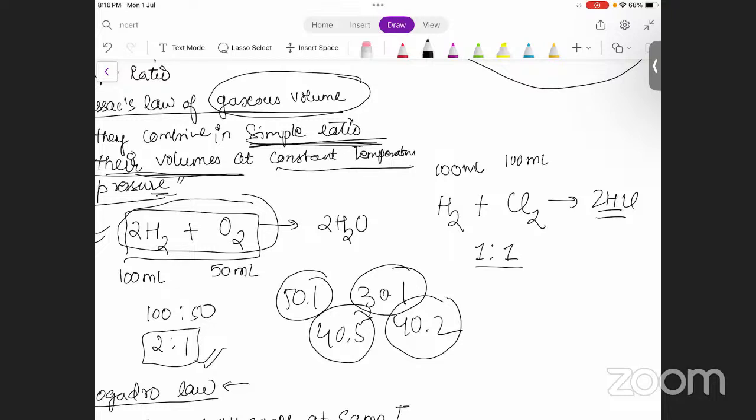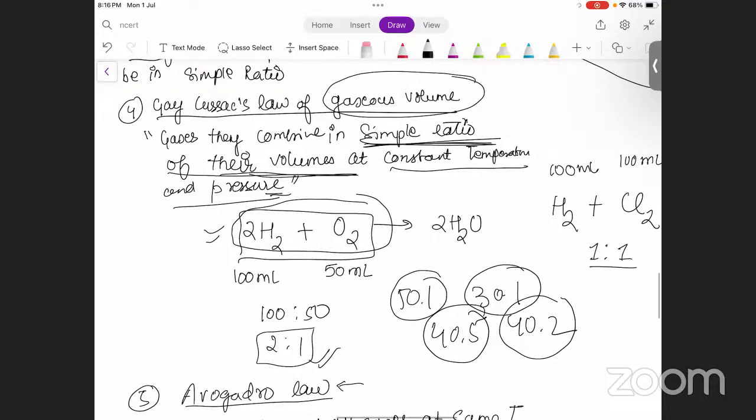And if I am taking 500 ml of hydrogen, they might have observed that they were requiring 500 ml of chlorine. So with that, they came up with a law that whenever two gases are combining with each other, the ratio of their volumes will be a simple ratio.